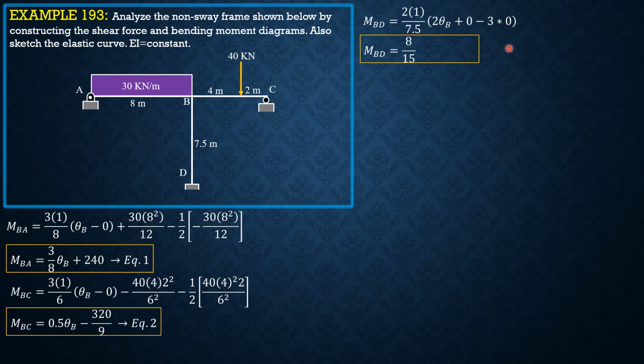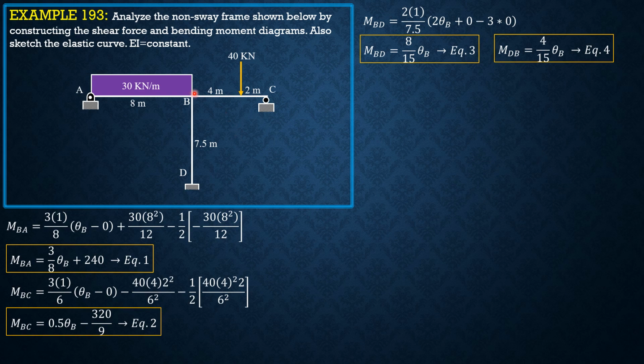It is 8 over 15 theta B, equation 3. Then moment DB is half of this, or you set up 2 times 1 over 7.5 times 2 times theta D, which is 0, plus theta B minus 3 times 0. So you have 4 over 15 theta B, equation 4.